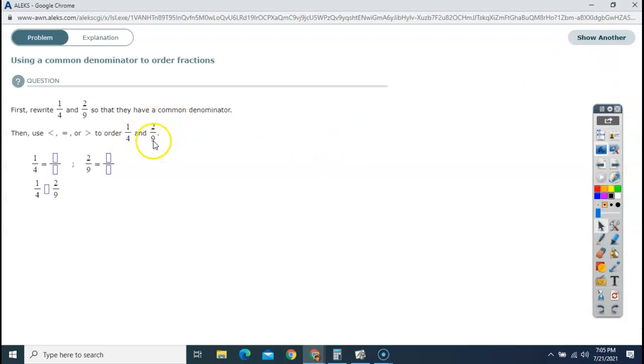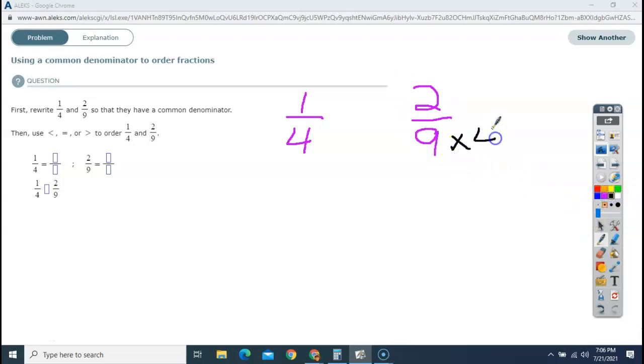One-fourth and 2/9. 2/9, I'm pretty sure, is smaller than 1/4, but let's see. 9 times 2 is 18, 9 times 3 is 27, 9 times 4 is 36, so we're going to have to multiply them by themselves. So 9 times 4, and then times 9.